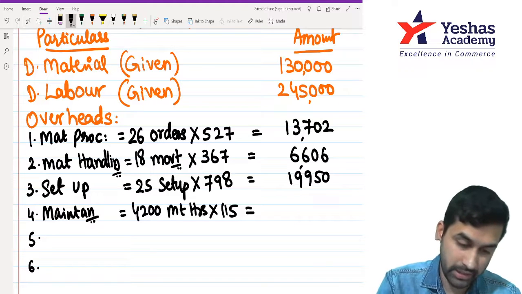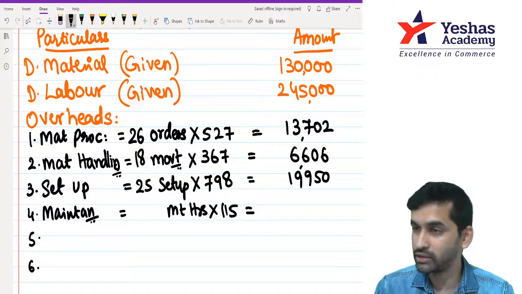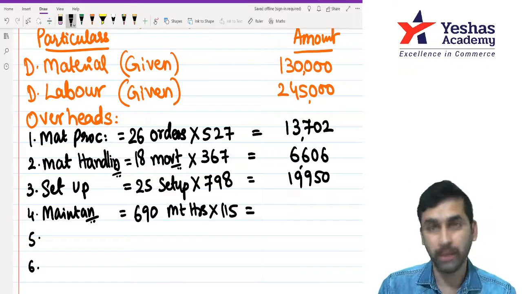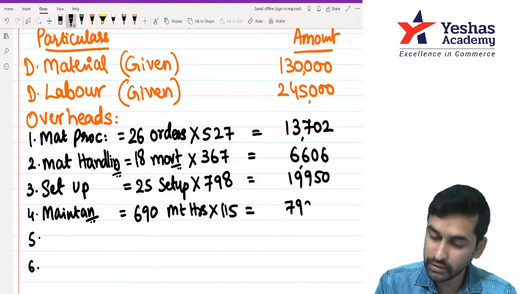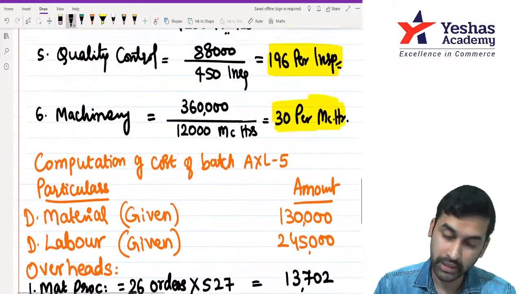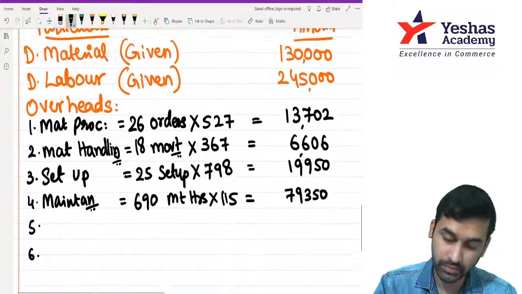Sorry, maintenance hours, I shouldn't take 4200. No, that is total. Yeah. Sorry, I should take only 690. Correct? Yes. So 690 into 115, 79350. Yes.